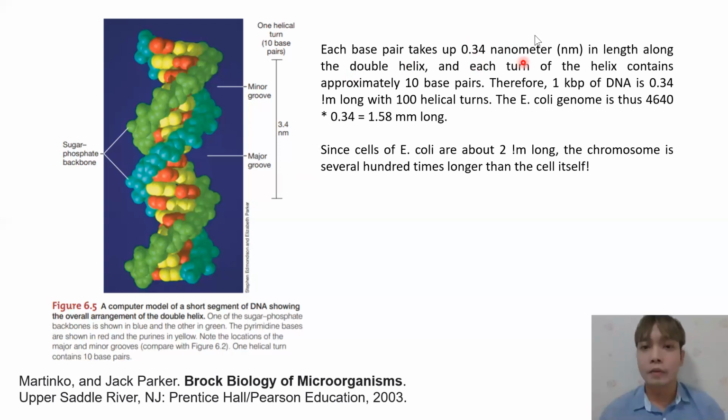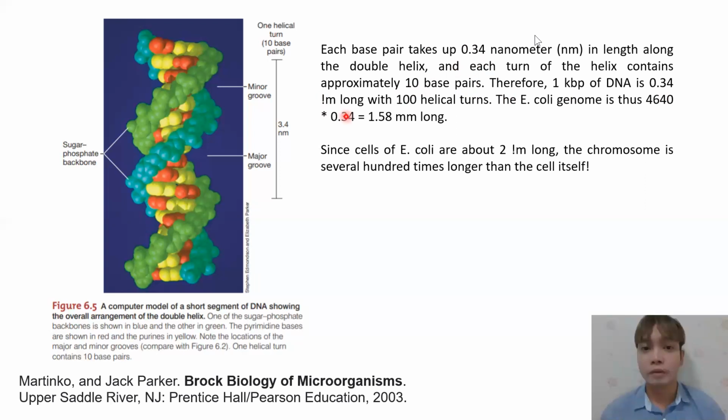Okay. So, kapag meron kayong 10 base pairs, that will be equivalent to ilang nanometer. So, times 10 lang ito. So, around 3.4 nanometer. Okay. So, kung meron kayong 1,000 base pairs, that is 0.34 micrometer long.